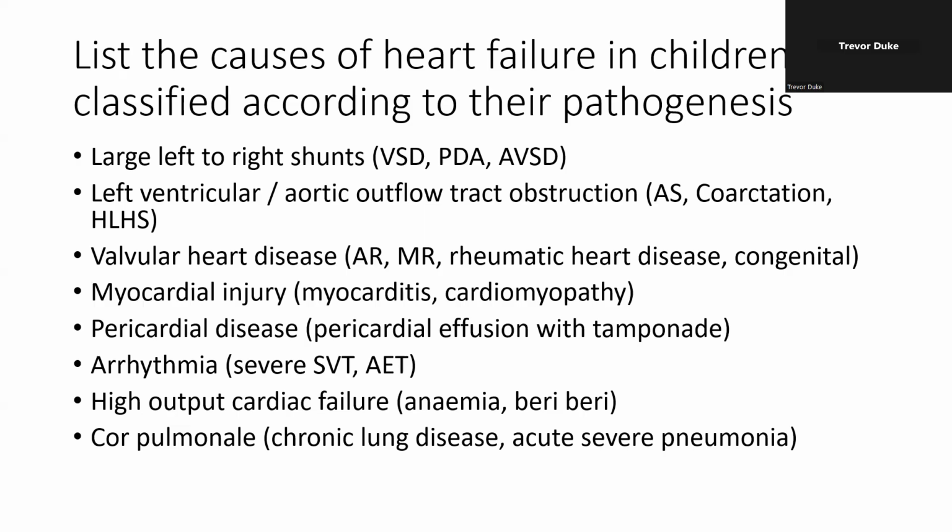Of course, in adults and also in children, there can be ventricular arrhythmias that lead to heart failure, often leading to shock or cardiac arrest. But the common one in children is supraventricular tachycardia, where babies present in heart failure, they're often very pale. They have extreme tachycardia. So when you're seeing a child with heart failure, you can go through this pathophysiological list and think what could be the underlying cause.